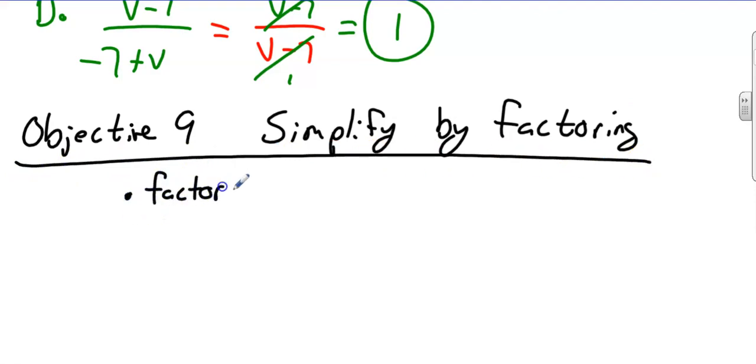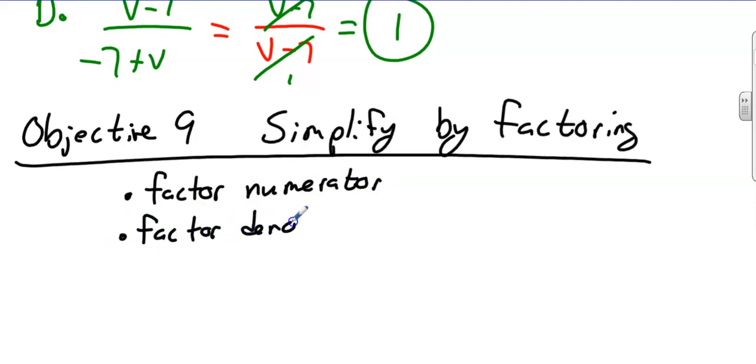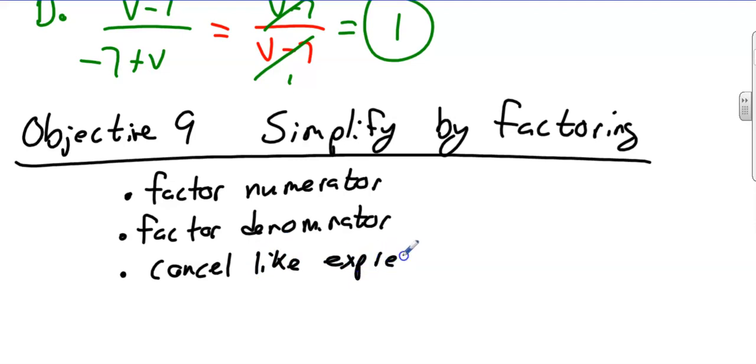And basically you're going to do this. You're going to factor the numerator, factor the denominator, and then cancel like terms, if you want to say it that way. Well, not really terms, more expressions.